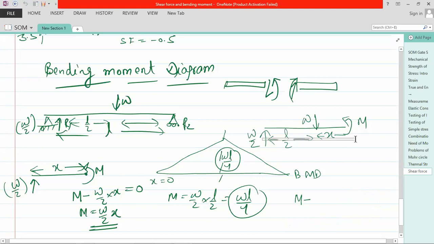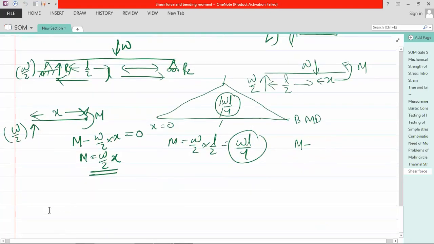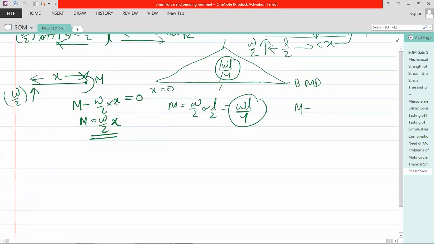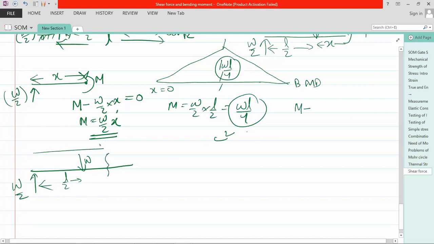Wait, I'm drawing it new. Suppose you have a rod and it is acting like W by 2. Here W, and this is L by 2. And at the center you obtain WL by 4. Now take this element at a distance x.